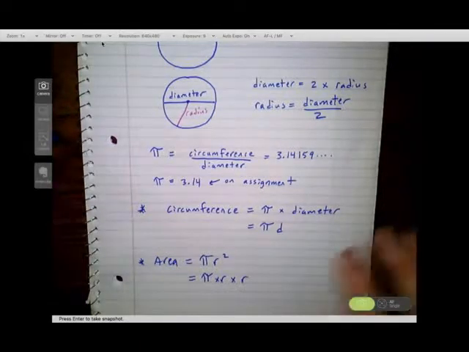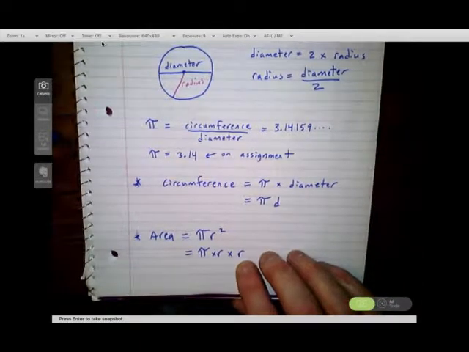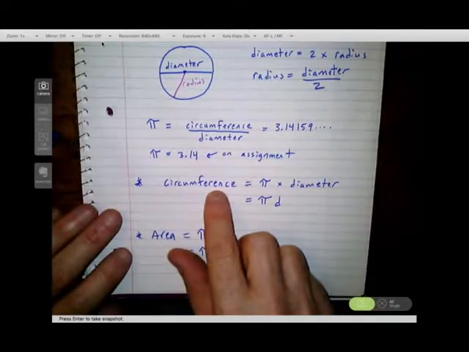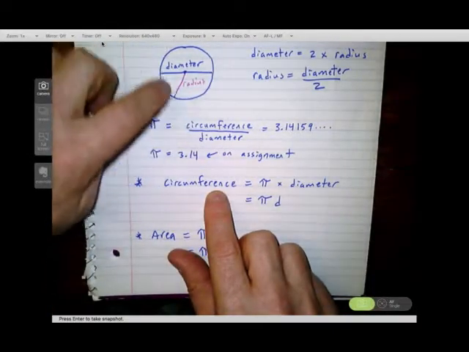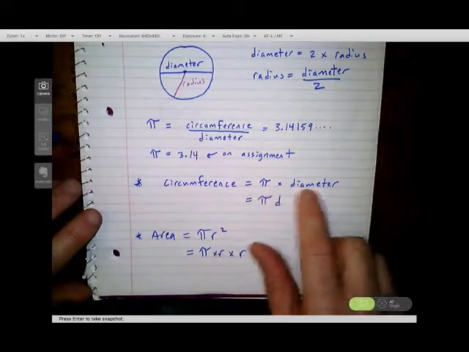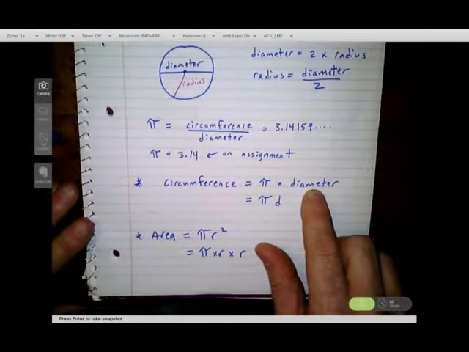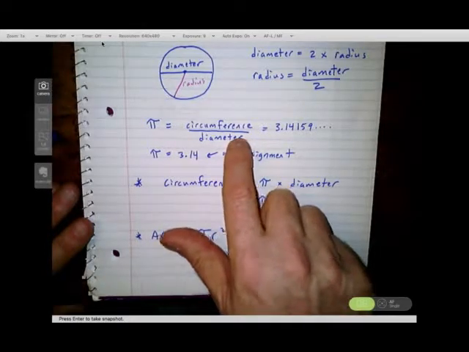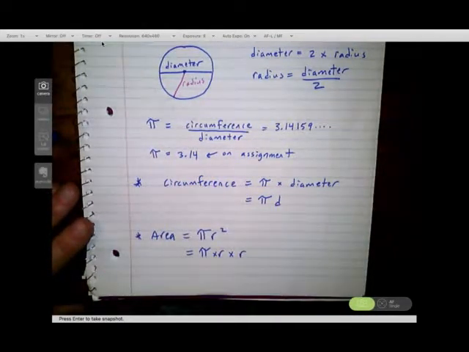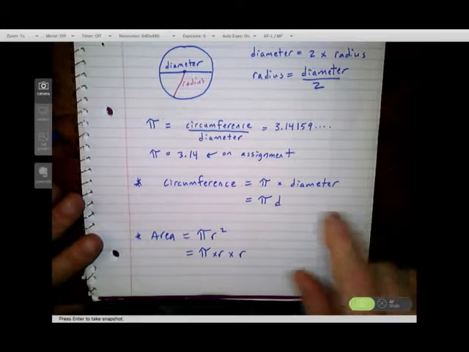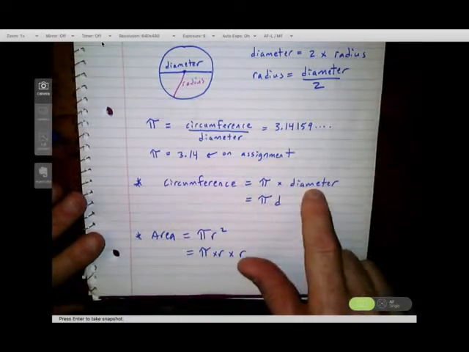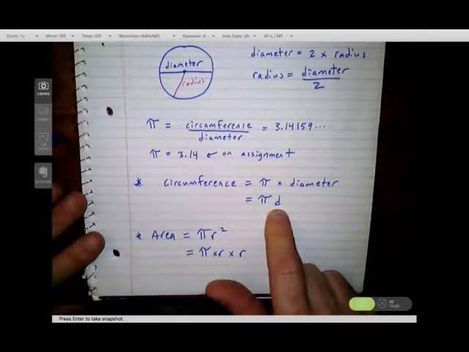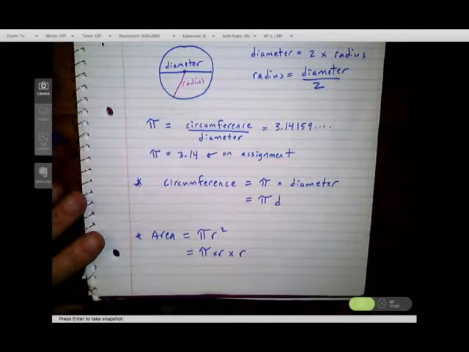Okay, so the two formulas that you're going to need, the formula for the circumference, or the distance around the outside of a circle, is pi times the diameter. We just got that by rearranging this formula right here by swinging diameter up over there next to the pi. And you'll learn about all that in algebra. So circumference is pi times diameter, or pi d is often how that's written, where d is the diameter.